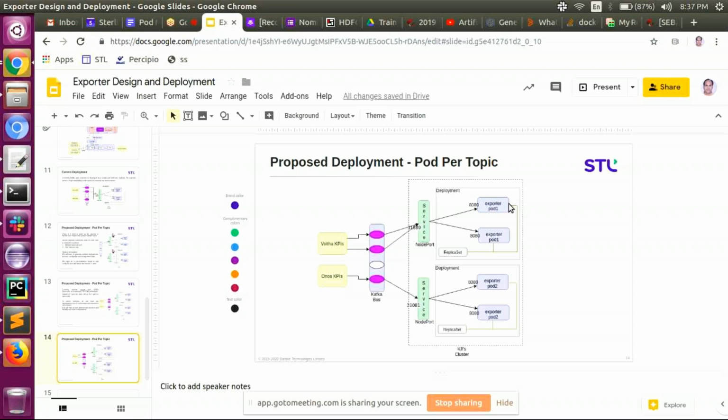Yeah, I think that coming up with a proof of concept that demonstrated one pod per topic would be great. We could show off that our solution's flexible and can do that.